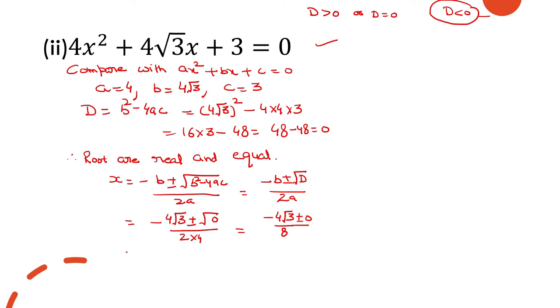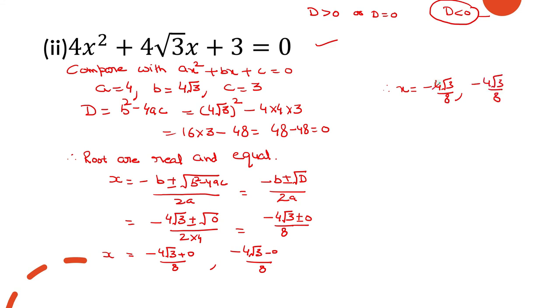Now we will add 0 and we will subtract 0. So x की value we will get minus 4 root 3 plus 0 by 8 or minus 4 root 3 minus 0 by 8. Therefore, x is equal to minus 4 root 3 by 8 and minus 4 root 3 by 8.